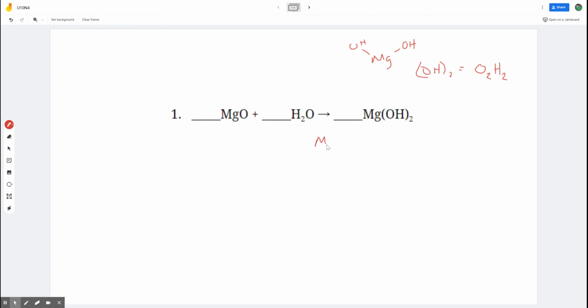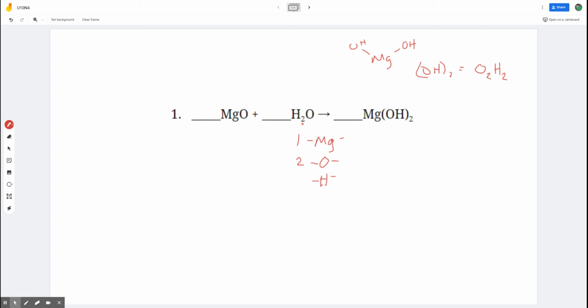So then we just treat this like we do with all of our other balancing problems. If we start counting on the left side first, magnesium, just one. Oxygen shows up in two spots, so there's one right here and one right here. Two.